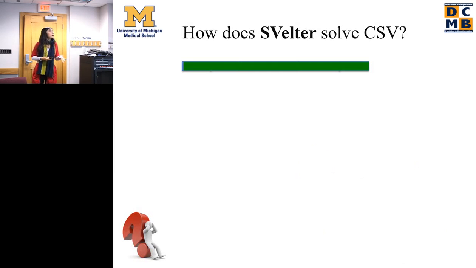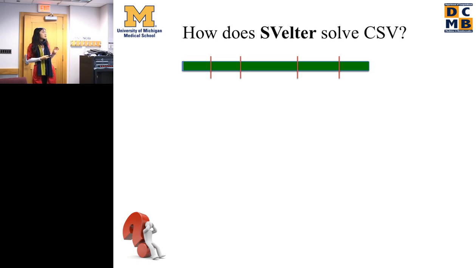So here it comes to how SVelter really solves complex structural variants. Here is a very brief workflow of the whole thing, and I'm going to talk about details later. What SVelter does is we first define breakpoints, where we think the two regions on both sides of a breakpoint could be different from the reference genome.